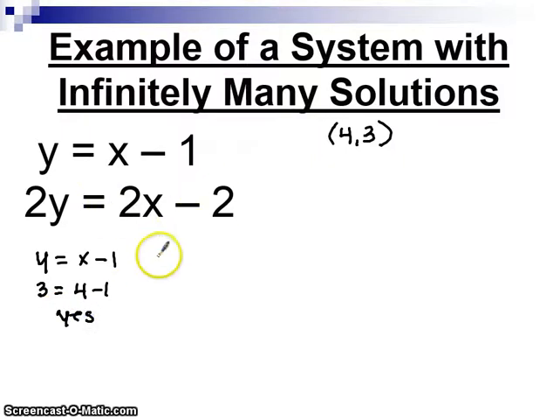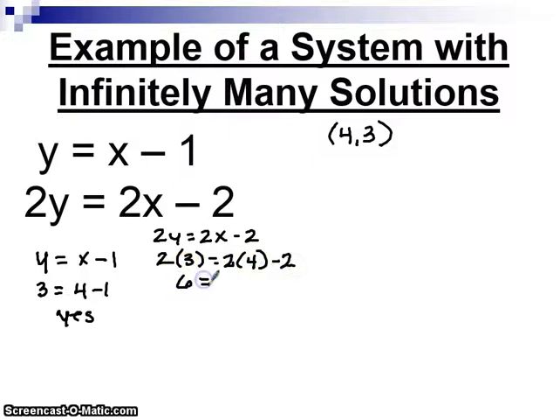Let's try in the second one. 2 times y is equal to 2 times x minus 2. So 2 times 3 is equal to 2 times 4 minus 2. So is 6 equal to 8 minus 2? Yes, so this ordered pair makes this true.